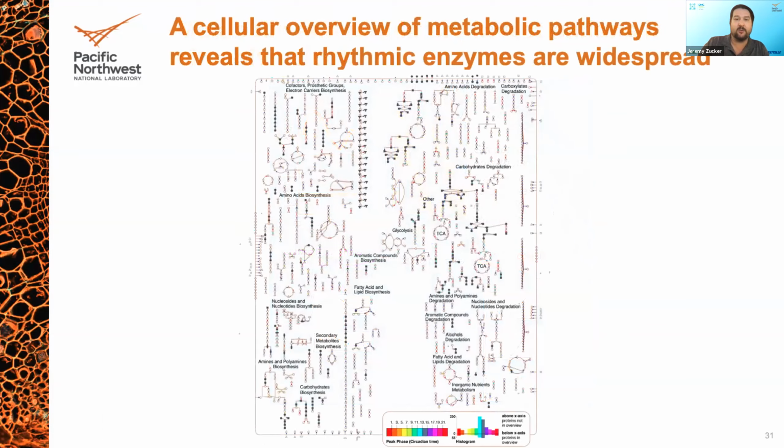So just to show you how much of the metabolic network is circadian, down here on the bottom, these colored arrows correspond to the color key down here, denoting peak phase timing of rhythmic enzymes.